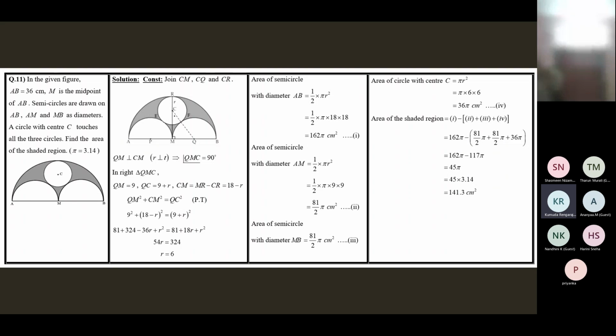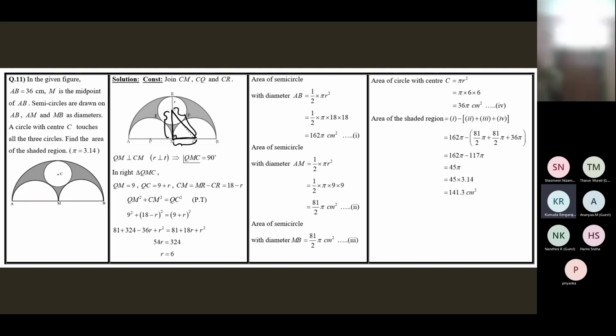All right, children. So I told you we make use of this right triangle to find the value of R. We use Pythagoras theorem here. For that, you need to get the expressions for these 3 sides. And how does it become a right triangle? Using the theorem that the radius through the point of contact is perpendicular to the tangent.